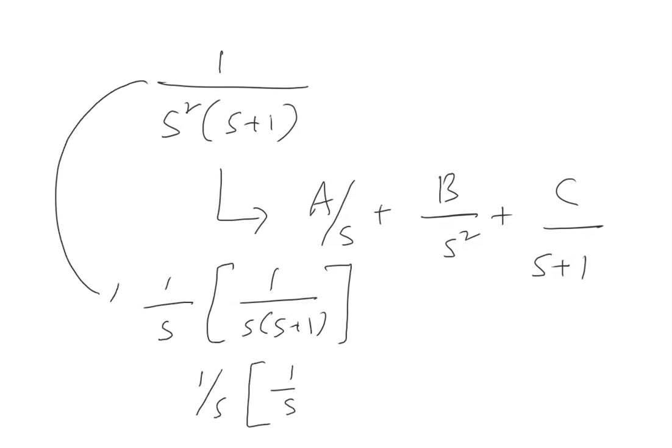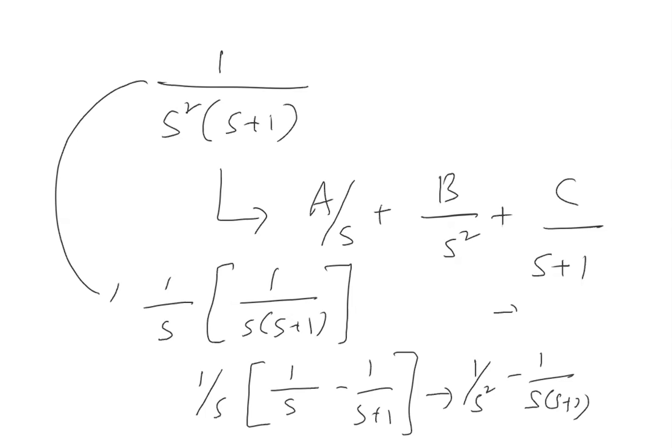It is 1 by s minus 1 by s plus 1. Then this becomes 1 by s square minus 1 by s into s plus 1. Further, that is 1 by s square minus 1 by s plus 1 by s plus 1.